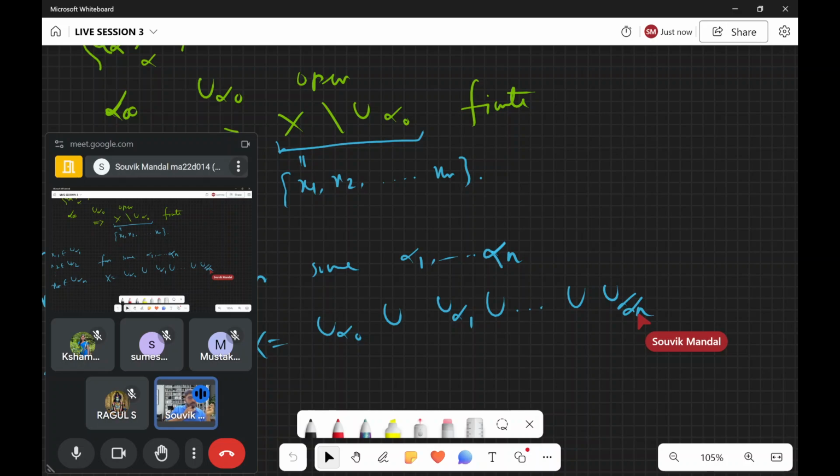So we choose some alpha naught, and then X minus U alpha naught is finite. We choose the points x1, x2, up to xn, and x1 belongs to U alpha 1, up to U alpha n, because X is the union of them. So now we can say that X is the union of U alpha naught, U alpha 1 up to U alpha n, a finite subcover. So this is compact.